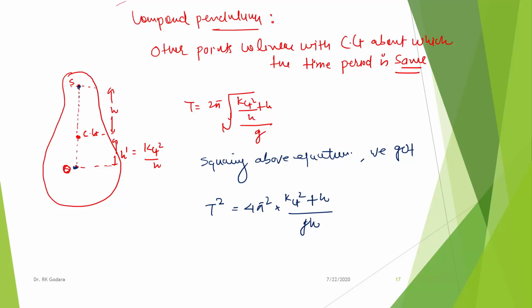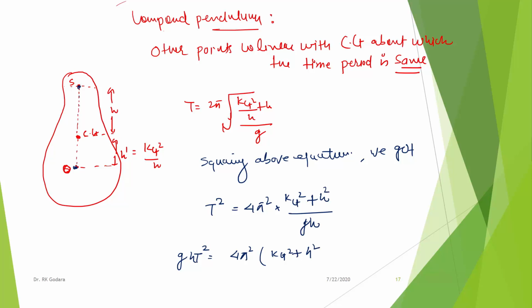If we rearrange, then this would be gh T square is equal to 4 pi square multiplied by (kg square plus h square).